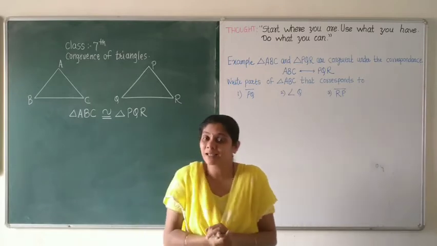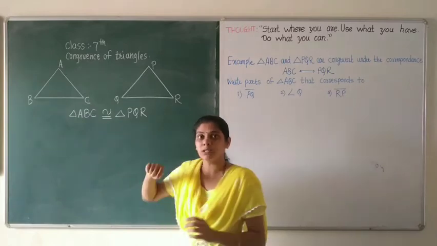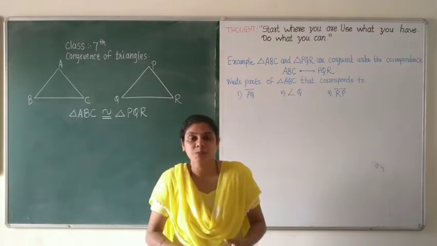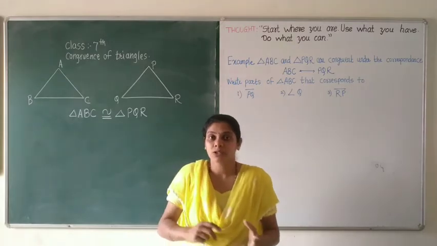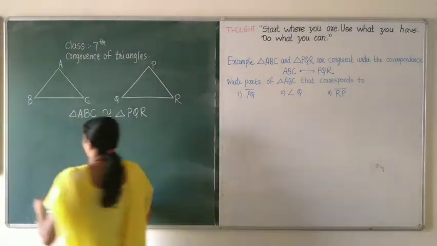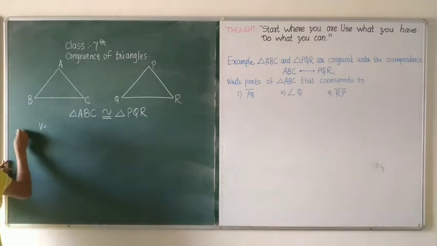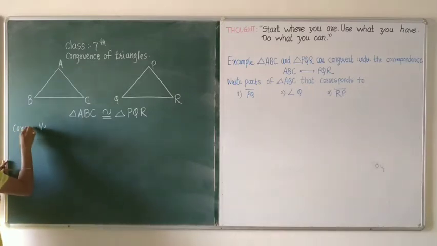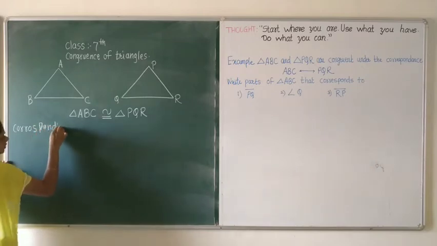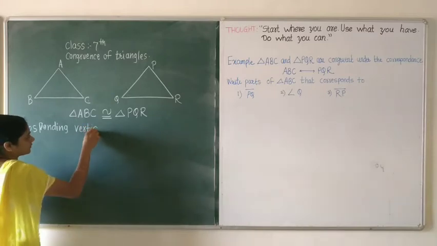Just as we write the congruency using symbols, we also use symbols to write their corresponding parts. So we will write about the corresponding vertices. Look here. First of all, I will write about the vertices, corresponding vertices.